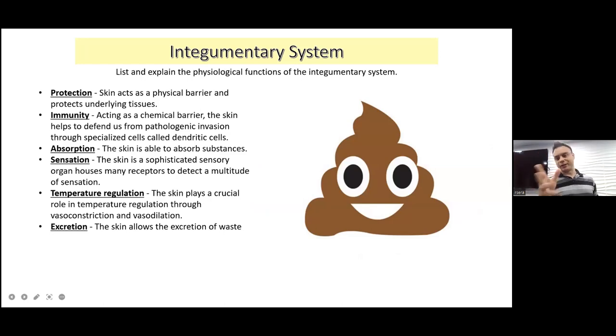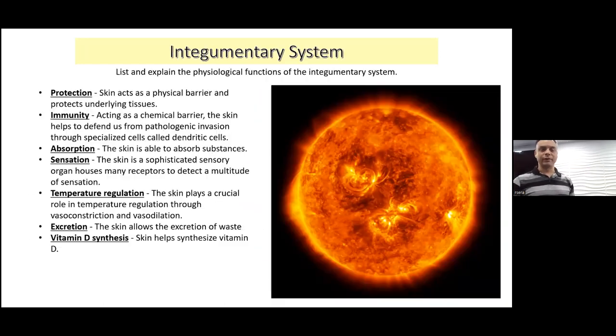Excretion, now, of course, not poop like that, but sweat, right? In our sweat there are little things and nastiness that we sweat out, so we can eliminate waste through this form of sweat. Along with excretion would also be secretion, which would be like oils.